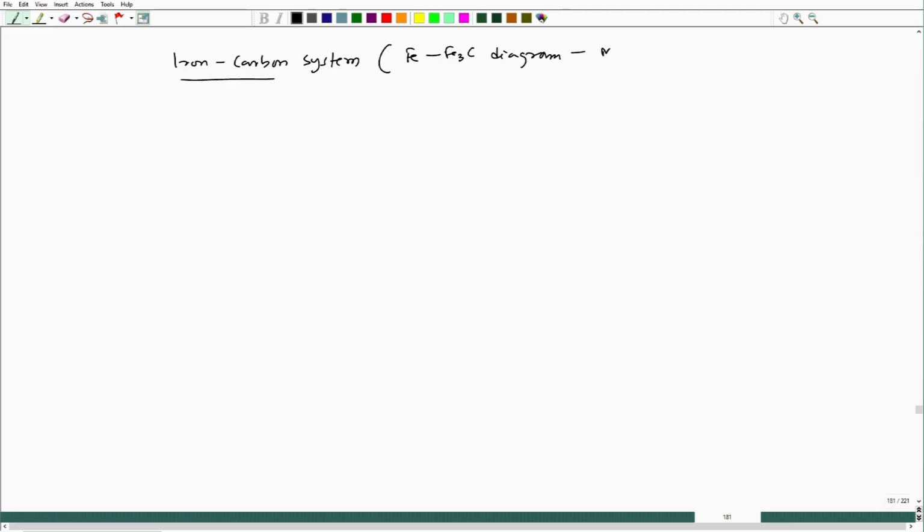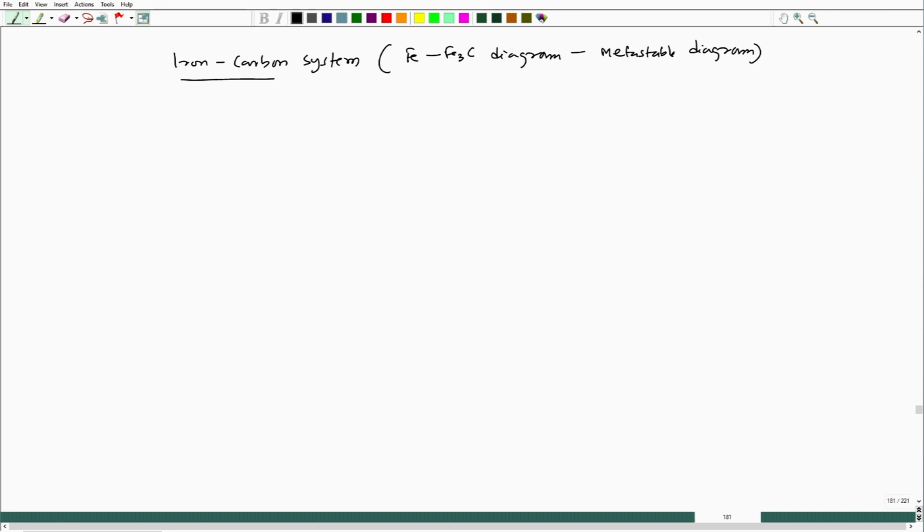It is also called a metastable diagram. Why metastable diagram? Because in case of iron carbon system, if it is stable, that carbon graphite should have been considered, but here we are considering one compound Fe3C.